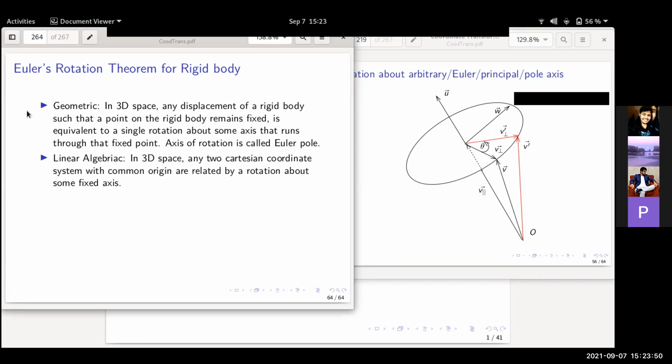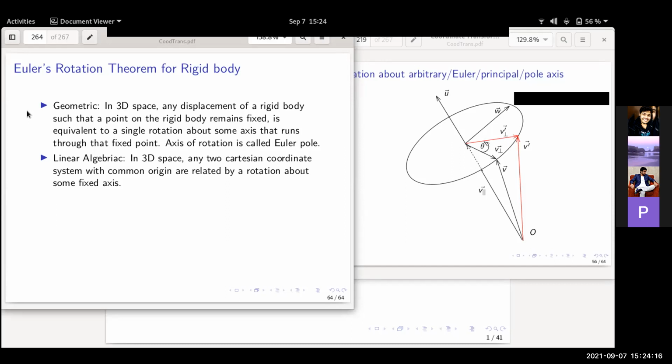What does it mean? The new coordinate system can be obtained by performing rotation of the old coordinate system with respect to an axis passing through this coordinate system. This is clear. The reason is if you have two coordinate systems with a common origin, you can construct this DCM matrix, which will become your transformation matrix or rotation matrix.